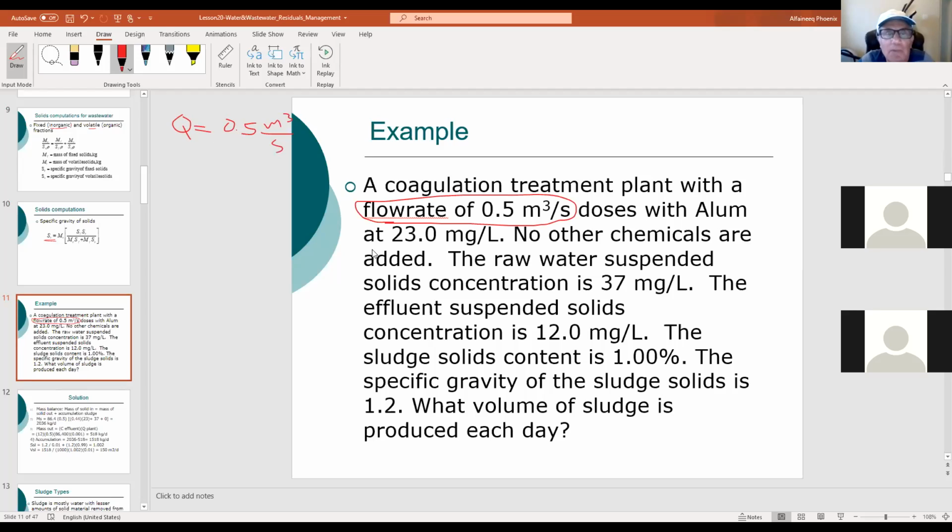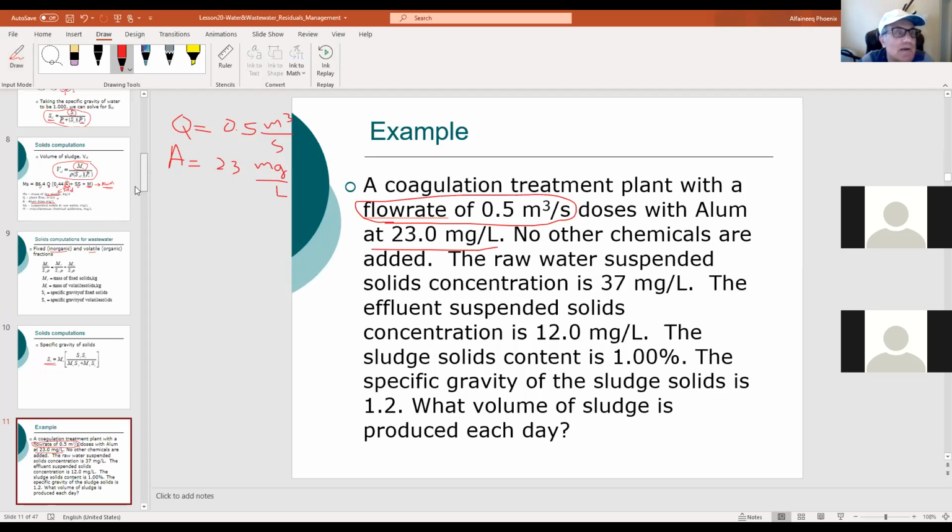Dosed with alum, that's your dose, A, in that formula. We're using alum, and we need 23 milligrams per liter. This is the dose of alum, A. No other chemicals are added.